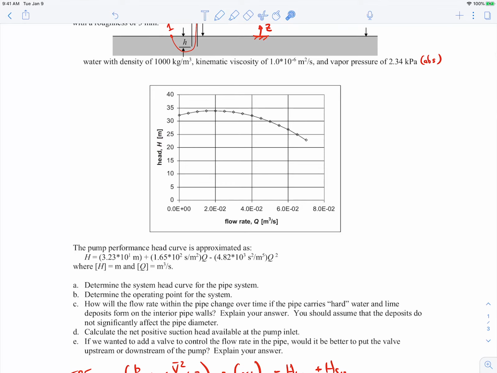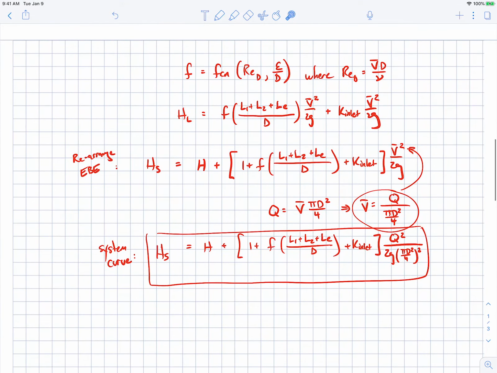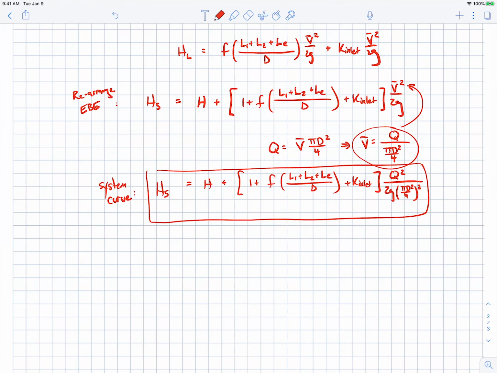So we need to see where the two exactly balance, where the pump can provide just the right amount of head rise at the given flow rate to balance the needs of the system. So what we're ultimately going to do is take this pump performance curve, either graphically here or in equation form, and set that equal to what we need for our system. So that's how we find the operating point.